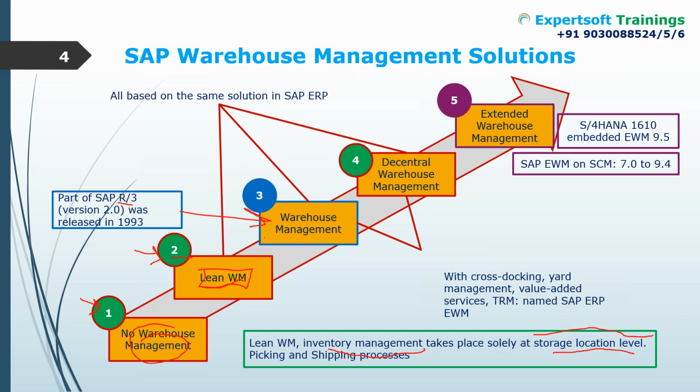All the inventory management takes place at the bin level, and ultimately it gets updated at the IM level. This was a very popular module as it was able to deal with your RF requirement, the radio frequency framework. You can use RF guns, and it was popular for two to three decades. Still, a lot of clients are using this SAP WM functionality.